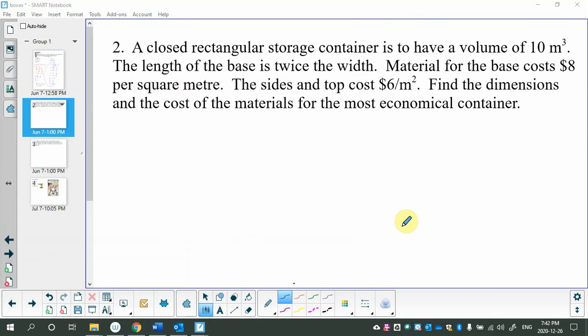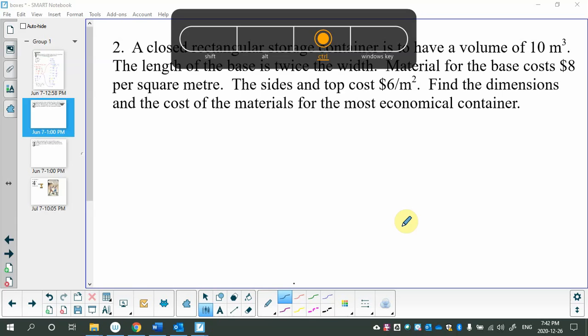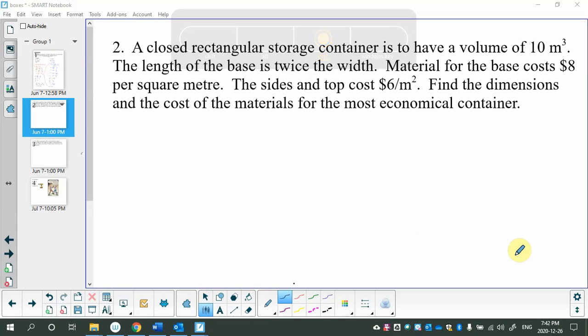So do you see how this one's a bit different? It's a couple of things. Number one is I gave you the information in a backwards order. This is volume, and you can tell it's volume because it's got meters cubed.